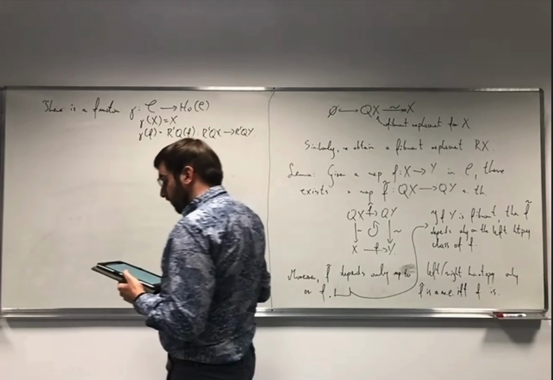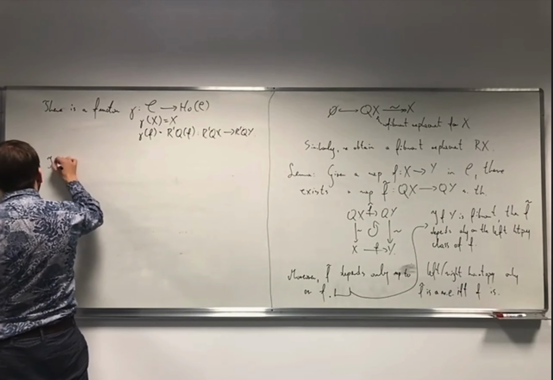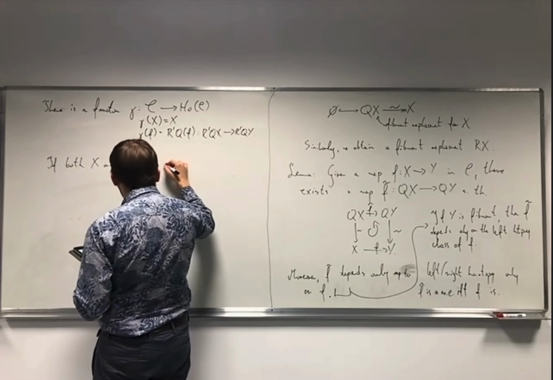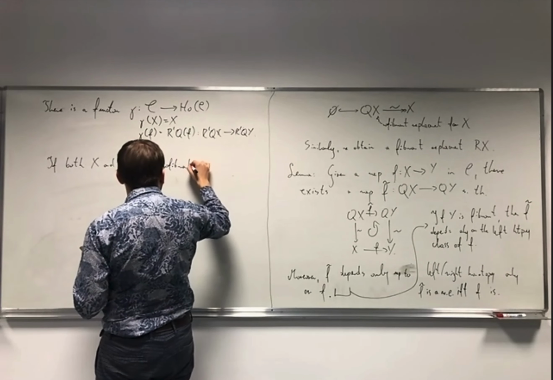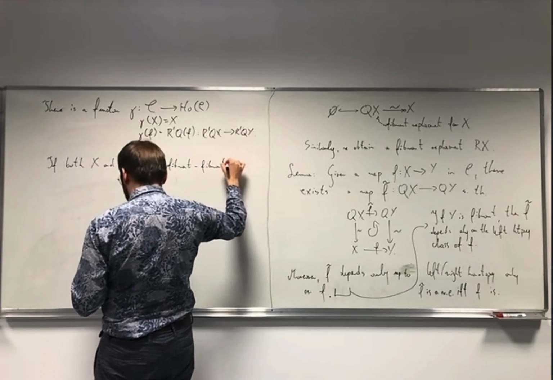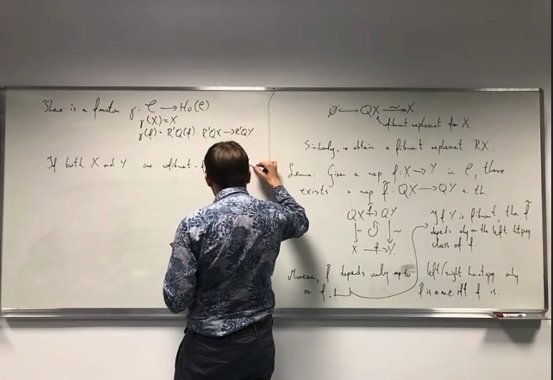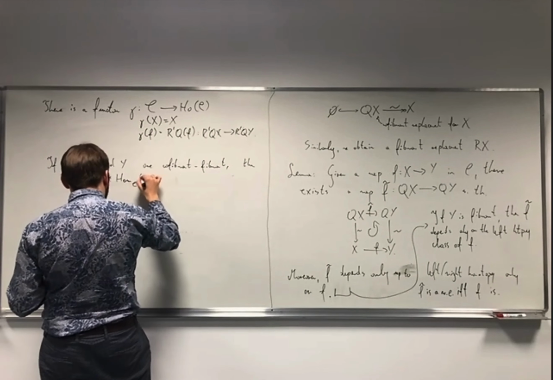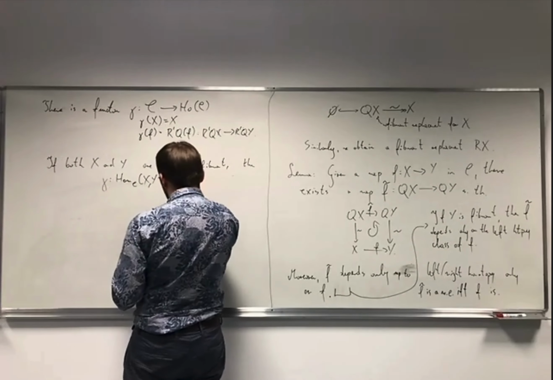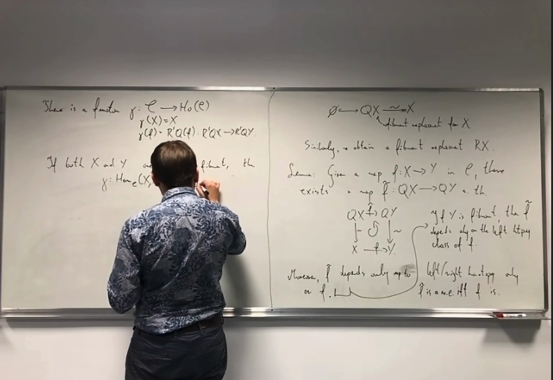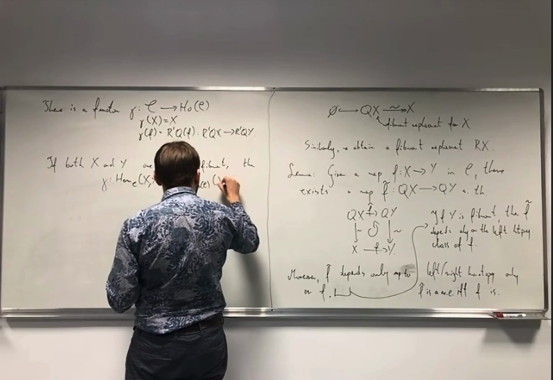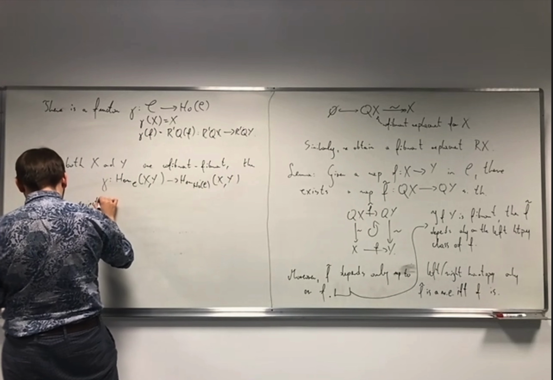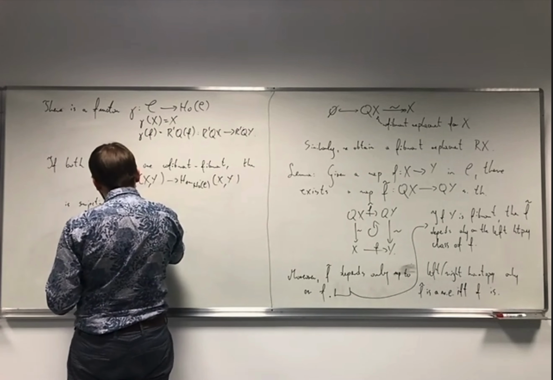Okay, so a couple of remarks about this functor. If both X and Y are cofibrant fibrant objects, then gamma from morphisms in C from X to Y to morphisms in the homotopy category from X to Y is surjective, and induces a bijection.